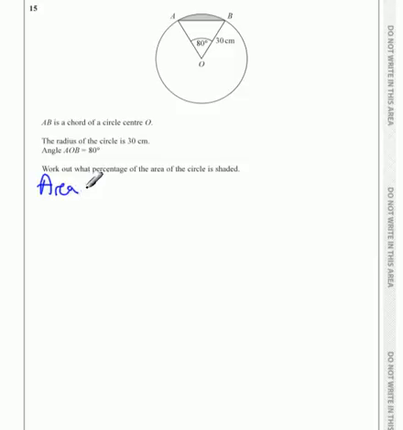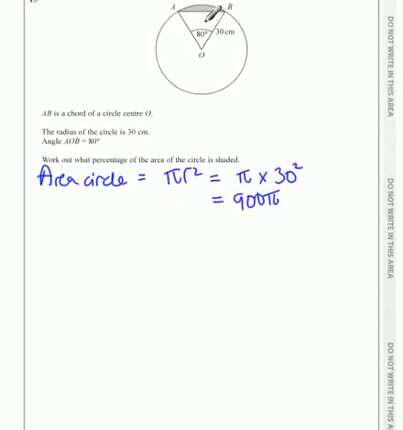Area of the circle. That is going to be pi r squared. So pi, and then our radius is 30 and squared. That's going to give us 900 pi. Let's leave it in terms of pi for now. For the area of the sector, so that is the sector AOB, we're going to take the area of the circle and we're going to times it by the fraction of the circle we have.